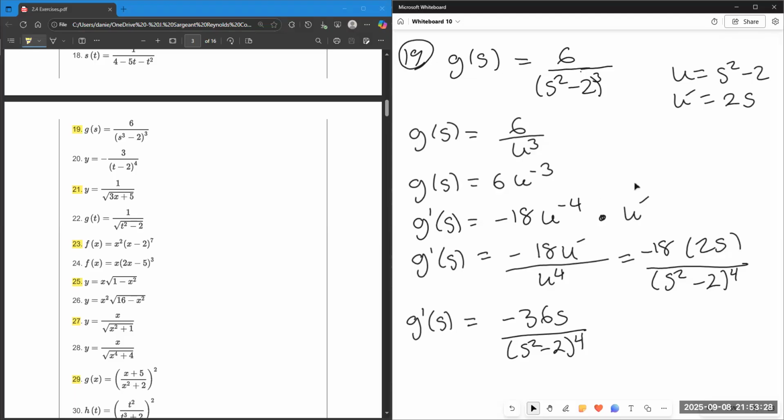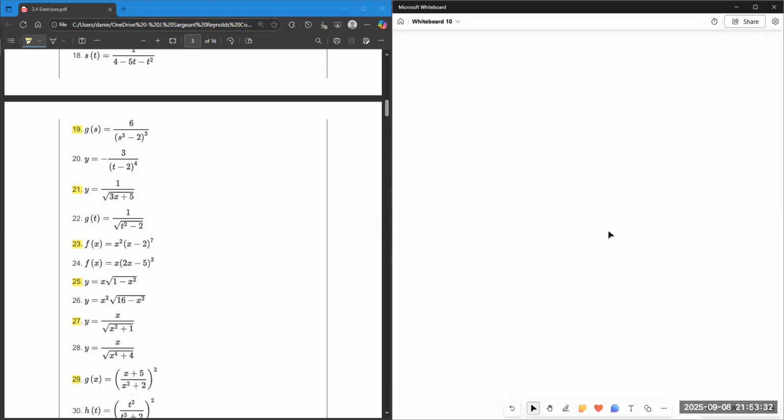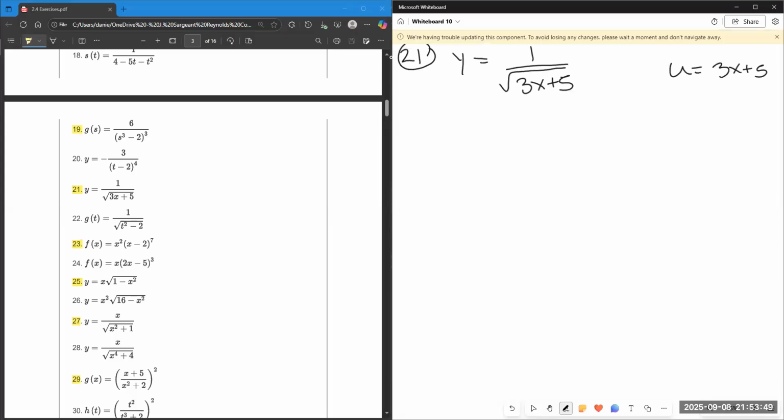Let's look now at number 21. 21 is y equals 1 over the square root of 3x plus 5. u will be my inner function of 3x plus 5.